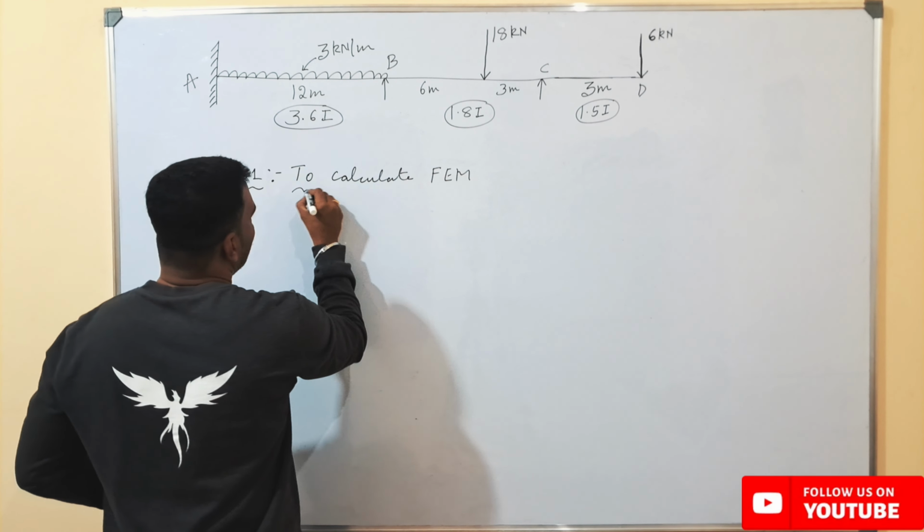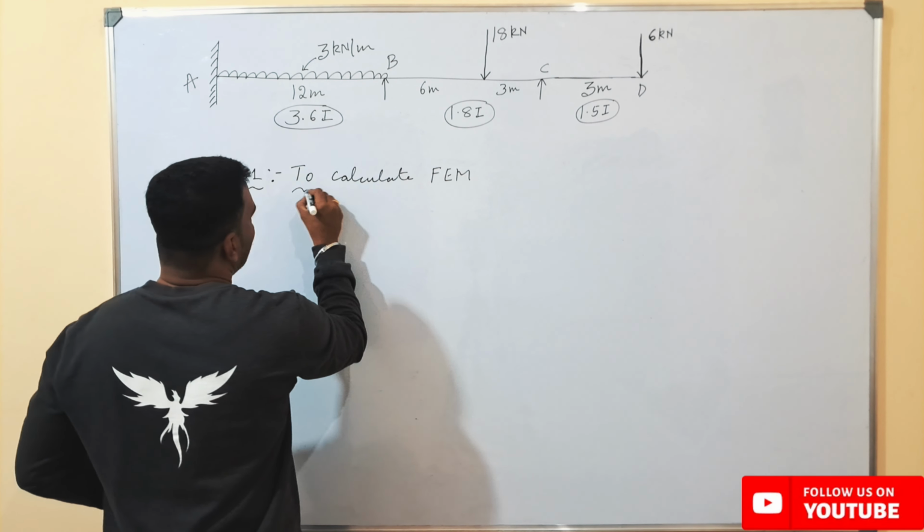So from C to B, if I add an additional moment of minus 6 kilonewton meters, this will be equal to plus 18 kilonewton meters. Now the moment from C to B is 18 kilonewton meters, and C to D is also minus 18 kilonewton meters.